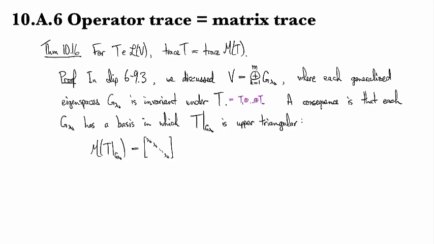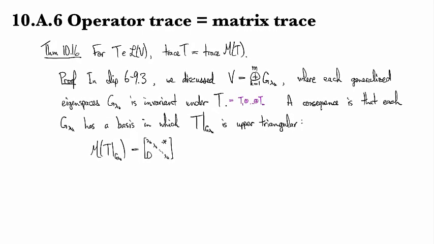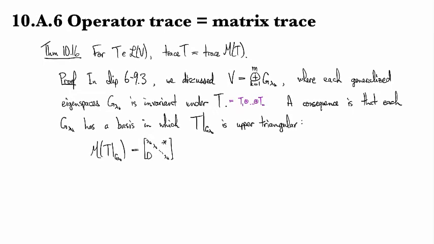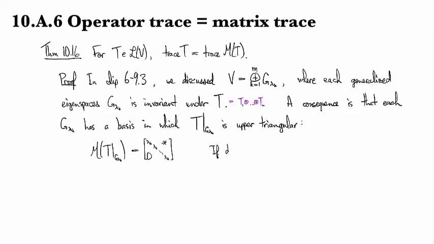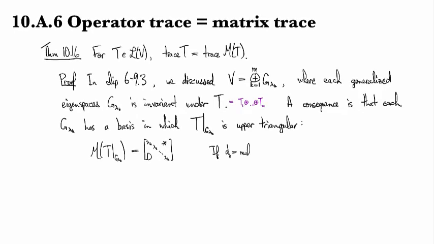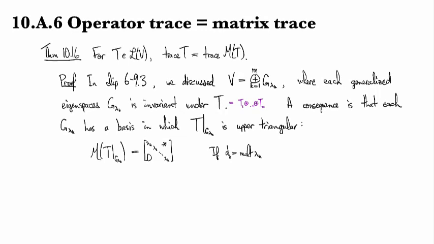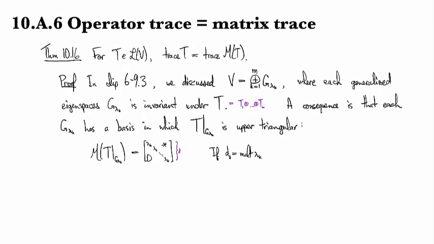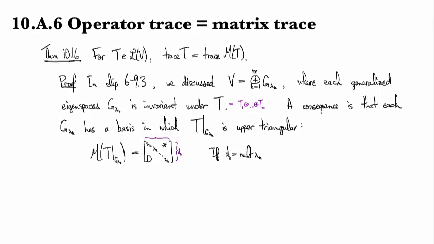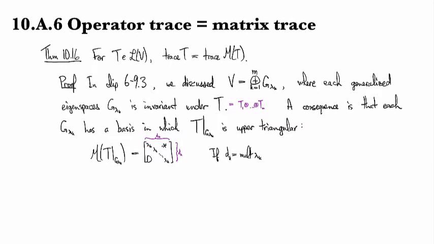And then it'll have whatever it wants to have up above the diagonal, but below the diagonal, it'll all be equal to 0. And so if dk is the multiplicity of lambda k, then this matrix is dk by dk size.